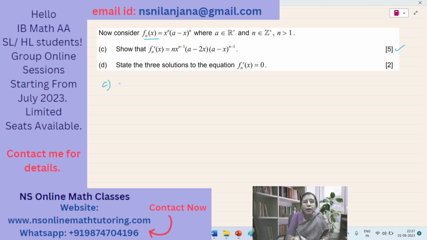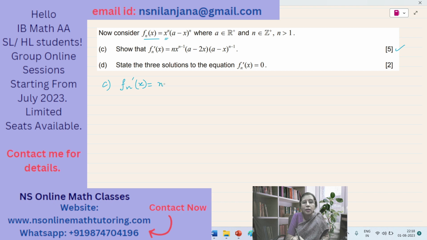So let us write f_n dash, the first derivative. First of all, I am differentiating x to the power of n.